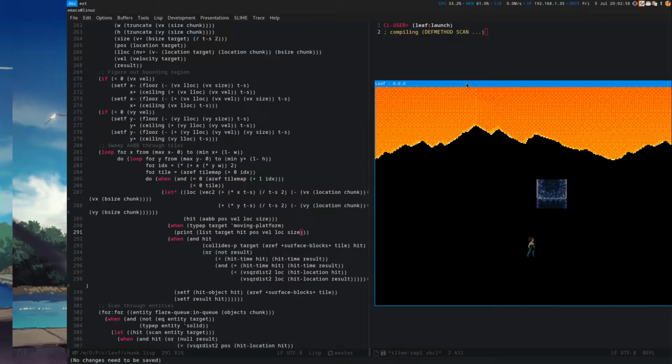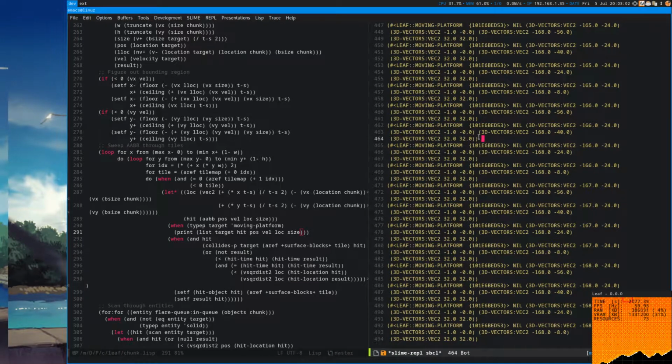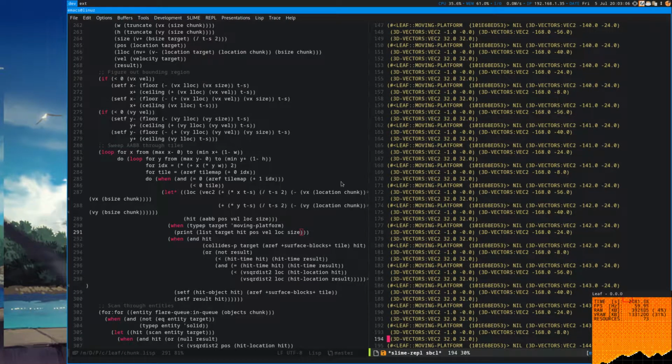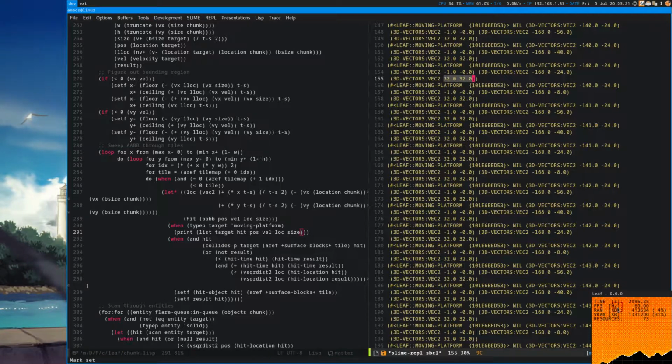Okay. So, for some reason it's not detecting these as hits. Why? Okay, pause, val, lock, size. That's not correct, is it?